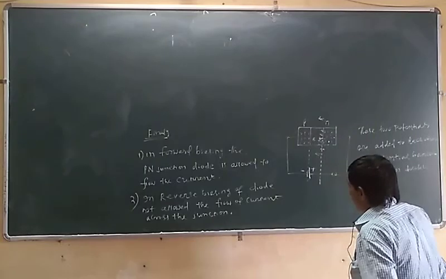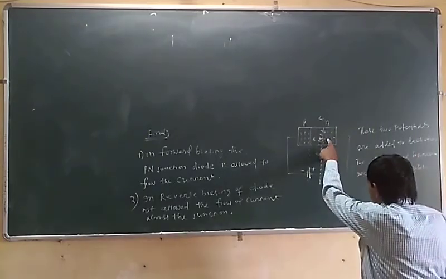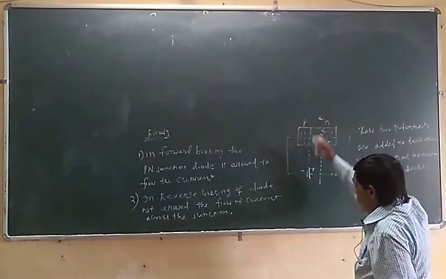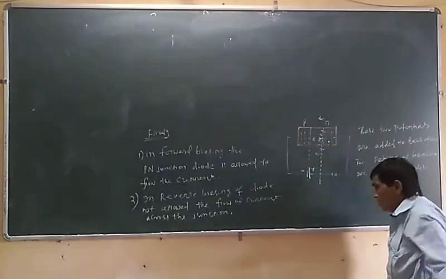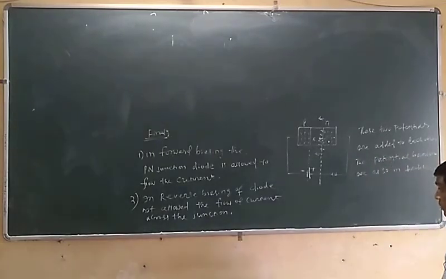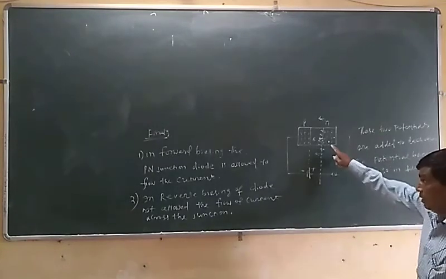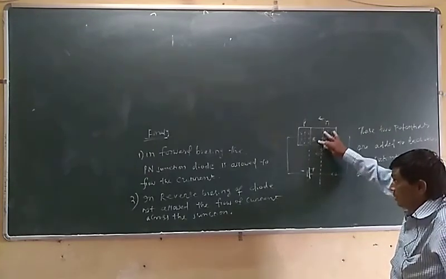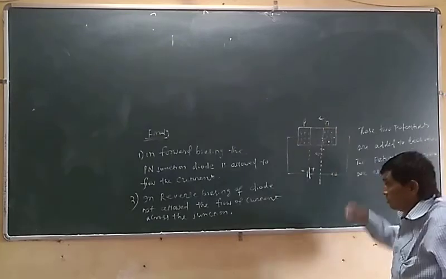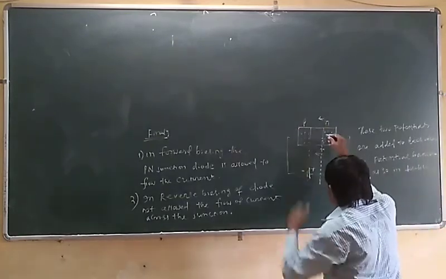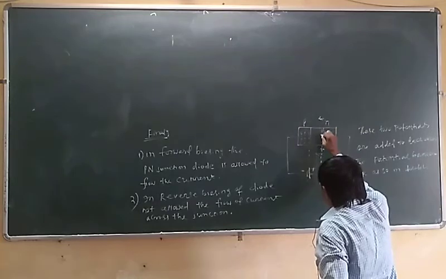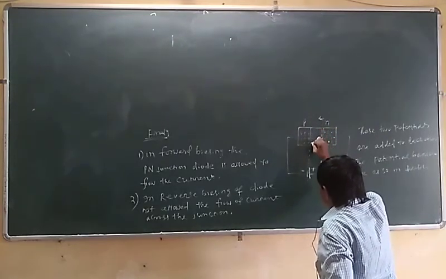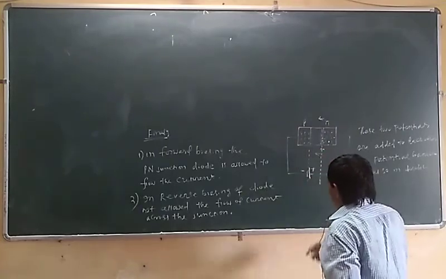The holes in the n-type semiconductor are very few, and the electrons as minority charge carriers in the p-type semiconductor are very few. But in the reverse case, we decided a charge surface in between the two junctions. This will be positive, this is also positive, and this will be negative. It was discussed initially.